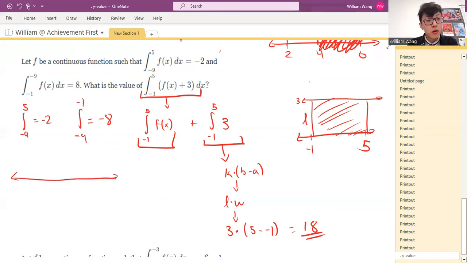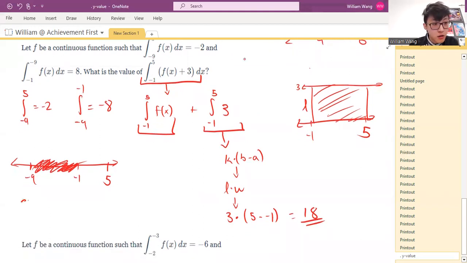So what do I know here? I know my integral from -9 to -1, and I also know my integral from -9 to 5. I'm trying to figure out my integral from -1 to 5, so I want to eliminate this part. I can do that. I'm going to take my integral from -9 to 5, and I'm going to subtract this part.